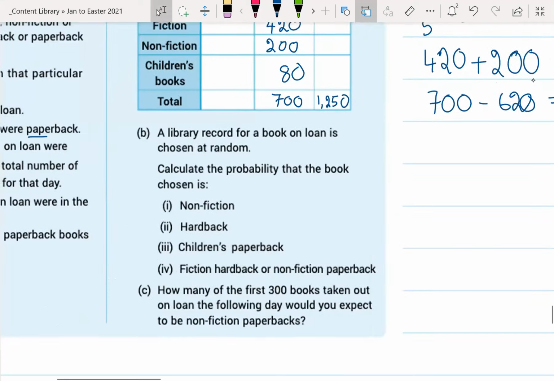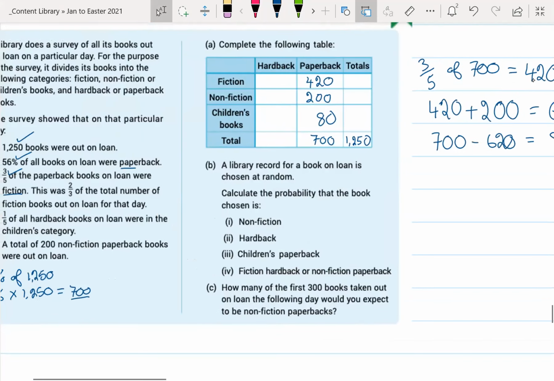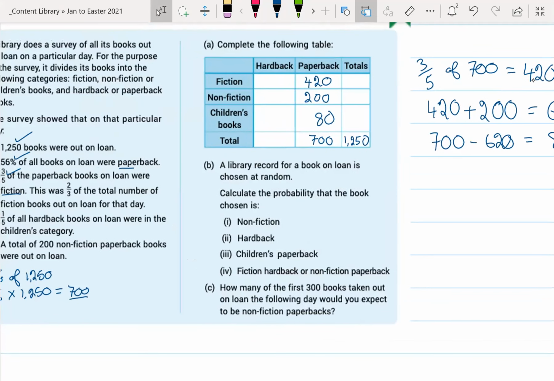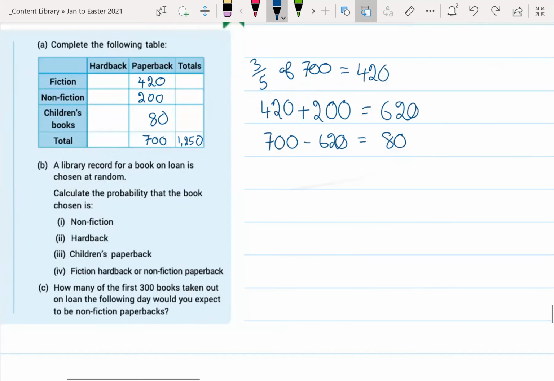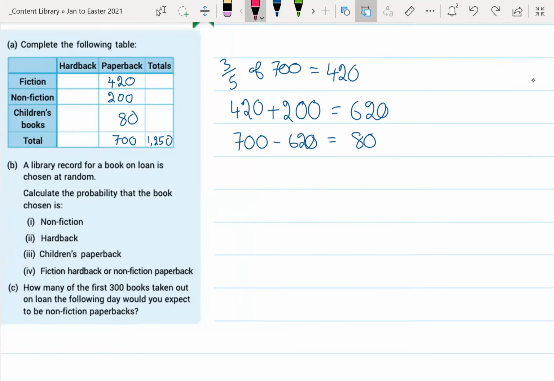Okay, let's see. We can find out this because we know that that box there, that sideways box, and this, they both add up to give us this. So what do we add to 700 to get to 1250? Let me just tidy up this a bit here. That was separate from this.